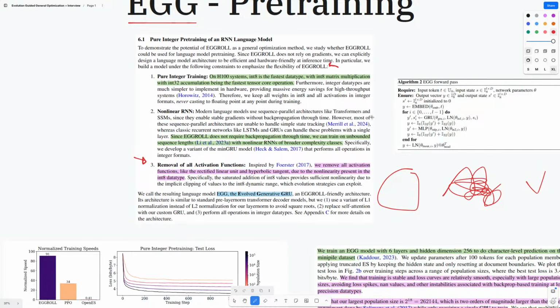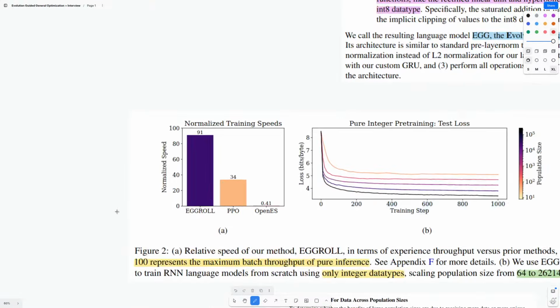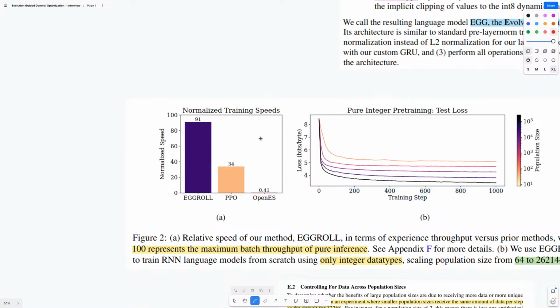They have a particularity about how it's set up, but the end result is that when you use OpenES versus Eggroll, the speed is absolutely insane, right? Here you're very close to pure batch inference type of setup.